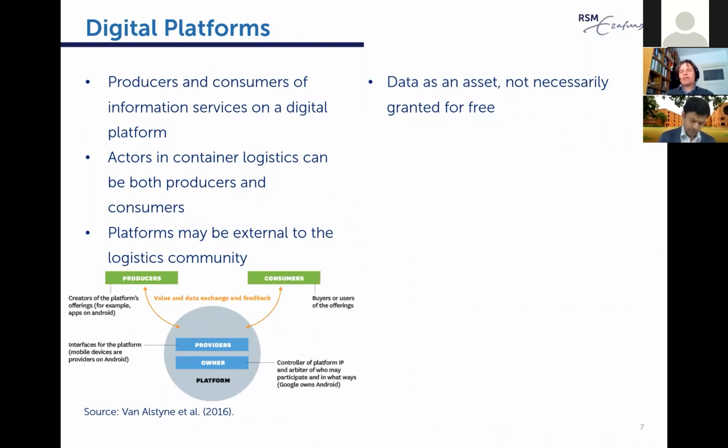In many reports, both in practice and in academia, it is advocated that people should share their data to allow for operational excellence. And this is all very well, but I think it makes more sense to be more aware of the fact that data is an asset that is not just granted for free, but maybe needs to be traded.